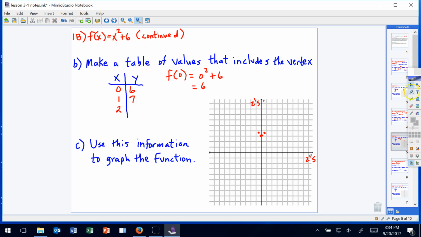Sorry about that. 2 squared is 4, 4 plus 6 is 10. So the point (2, 10), 2, 4, 6, 8, 10, and then the AOS allows us to match it up, and this will be our parabola. Okay, so we took care of B and C basically at the same time.